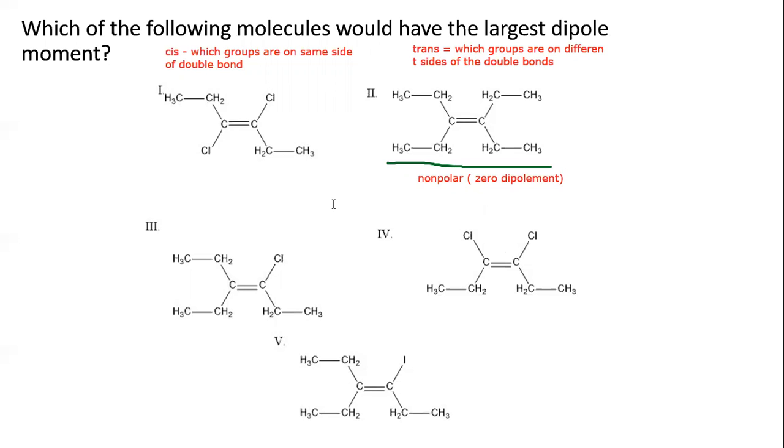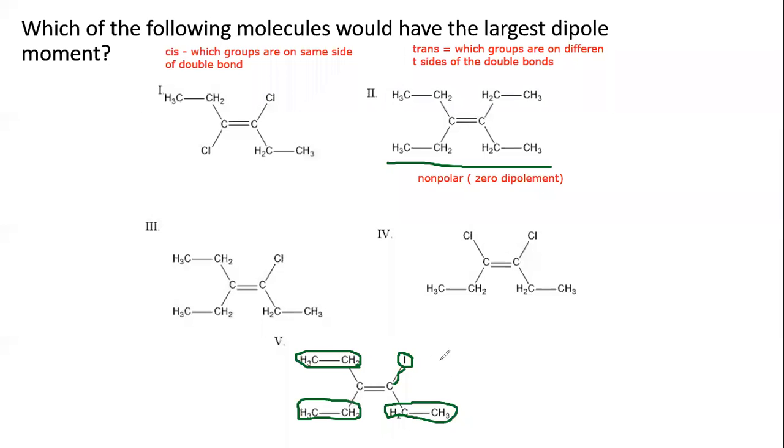Now we have 1, 3, 4, and 5 left. If we zoom in on 5, we notice that we have a hydrocarbon group here, a hydrocarbon group here, and a hydrocarbon group here. So all 3 of these are nonpolar groups. Now this iodine, we have to decide: is the carbon-iodine bond a nonpolar bond?